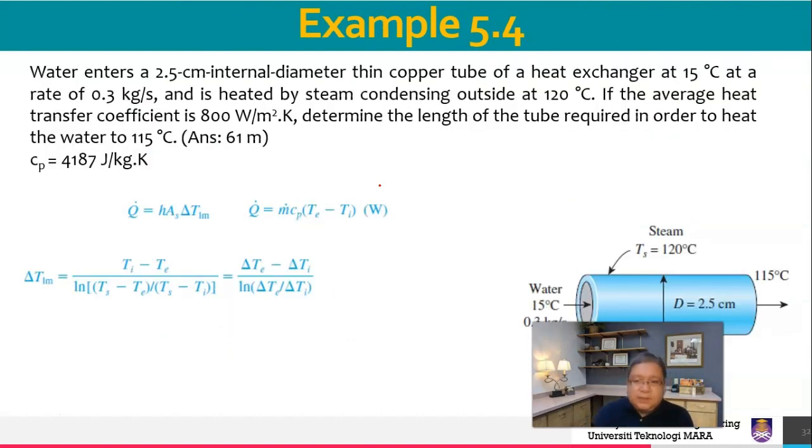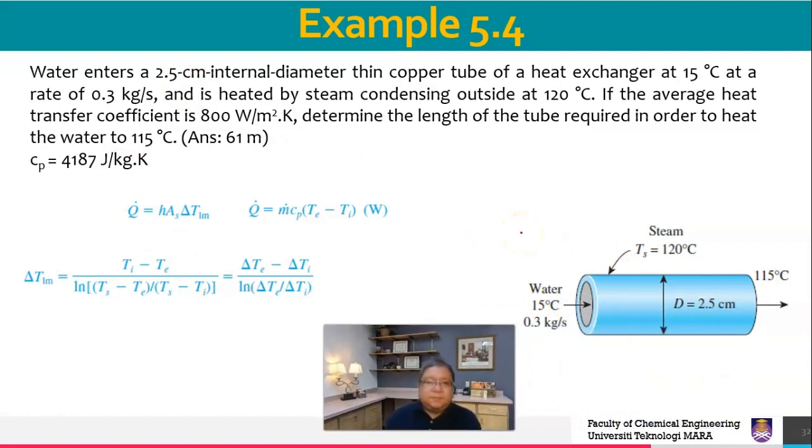All right, let's look at the example. Water enters a 2.5 centimeter internal diameter thin copper tube of a heat exchanger at 15 degrees Celsius, at a rate of 0.3 kilogram per second, and is heated by steam condensing outside at 120 degrees Celsius.